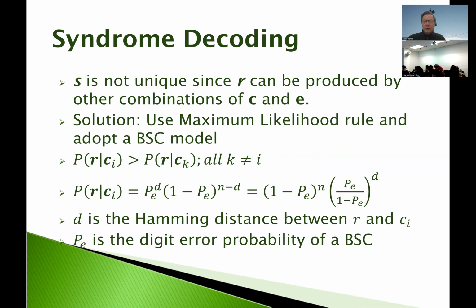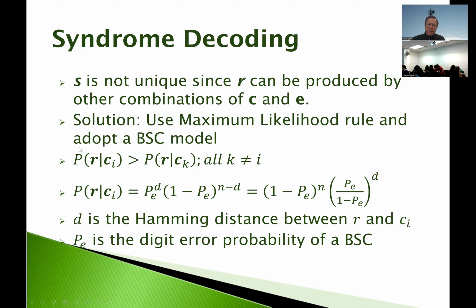We're going to adopt this BSC model, binary symmetric channel. So the probability of changing a 0 to a 1 is the same as the probability of changing a 1 to a 0. Again, hopefully that probability is small, but they're going to be about the same, or mathematically they'll be exactly the same, right?